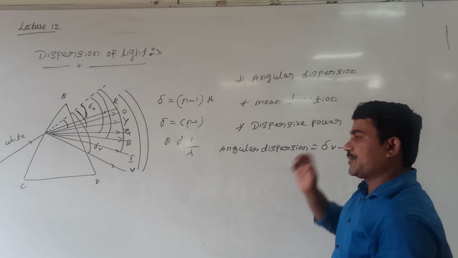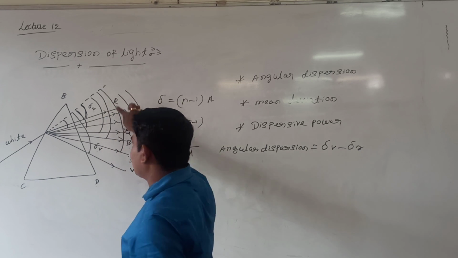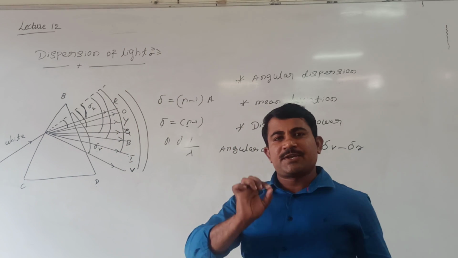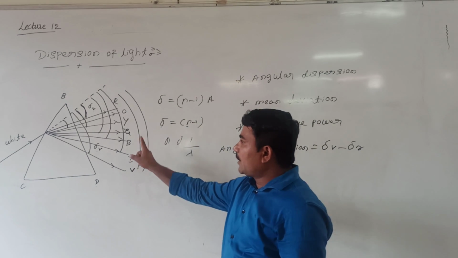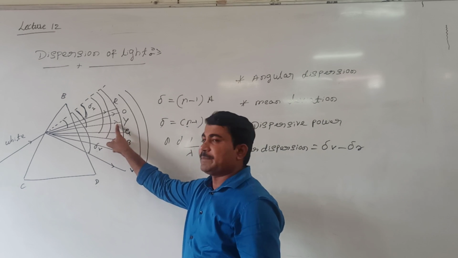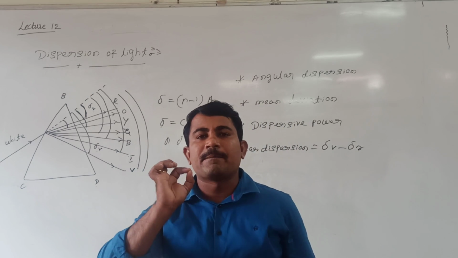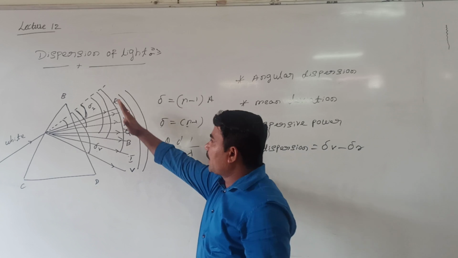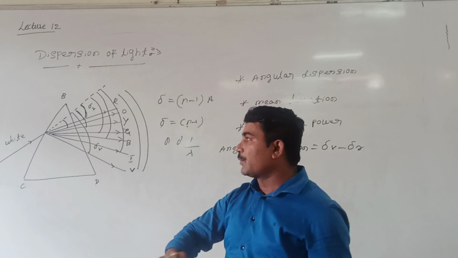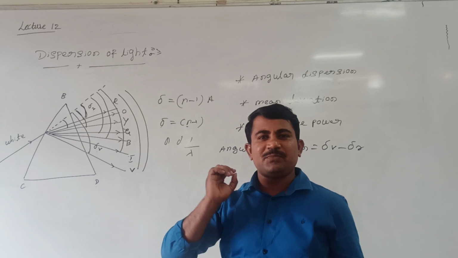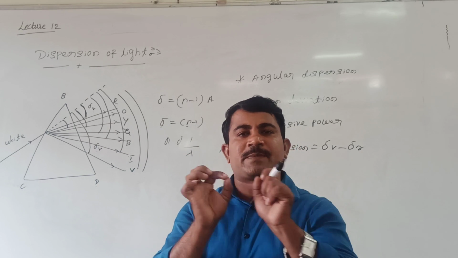Similarly, mean deviation. If you take the mean of the deviation of all the colors, that we call mean deviation. Or simply, whatever deviation is produced by yellow color we call mean deviation, because the mean of the deviation of all the colors is equal to the deviation produced by yellow color.